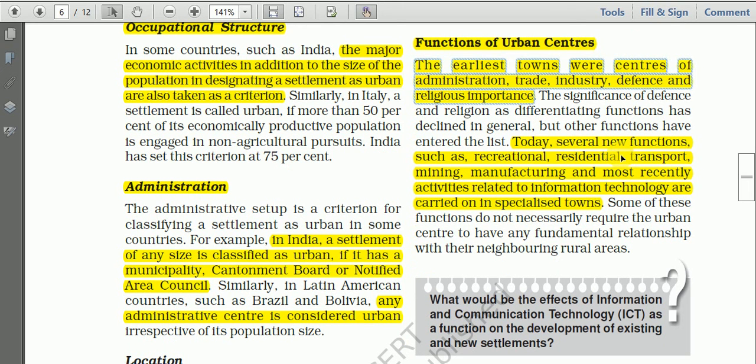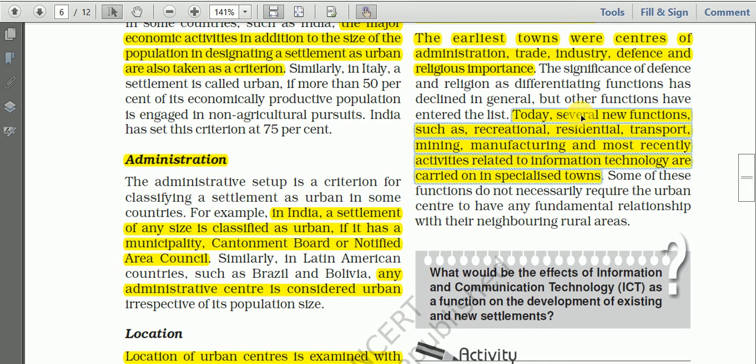But today some changes are there. Today, in addition to the functions mentioned above, several new functions such as recreational, residential, transport, mining, manufacturing, and most recently activities related to information technology are carried on in specialized towns.